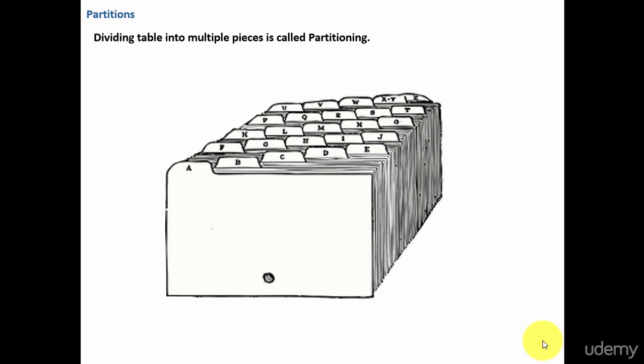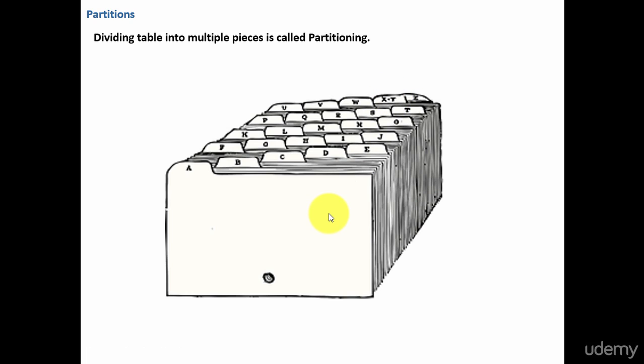So, databases came up with an idea of partitioning where they break the big table into multiple pieces. Those multiple pieces are called partitions. Suppose, for example, you have thousands of files, and you want to search for a file name called Peter. If you want to search those 1,000 files, it's tough.